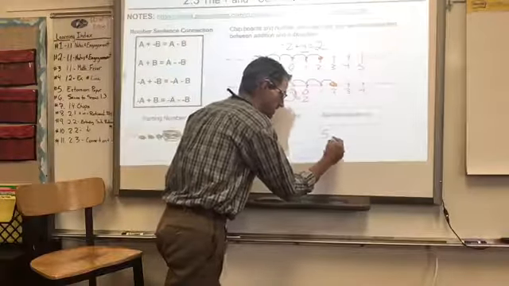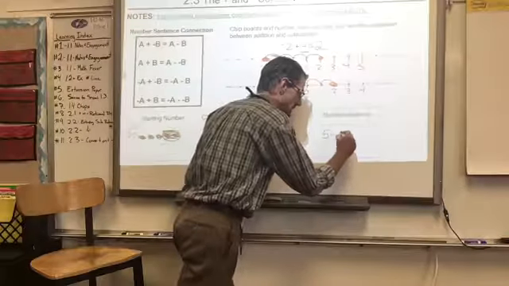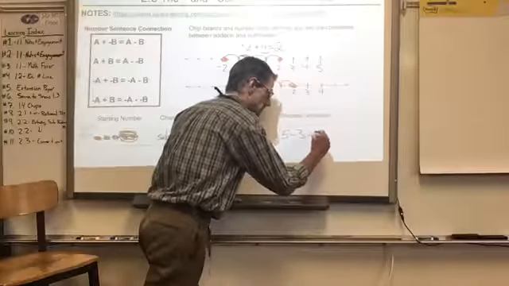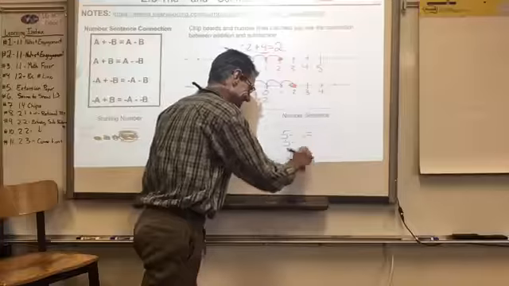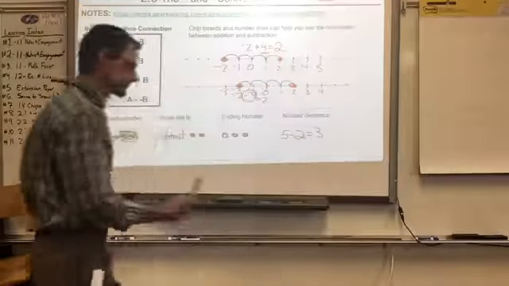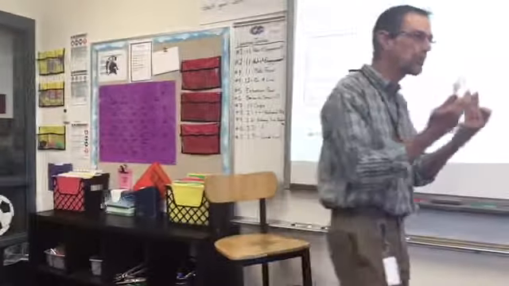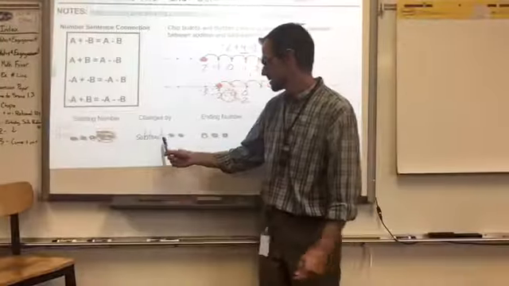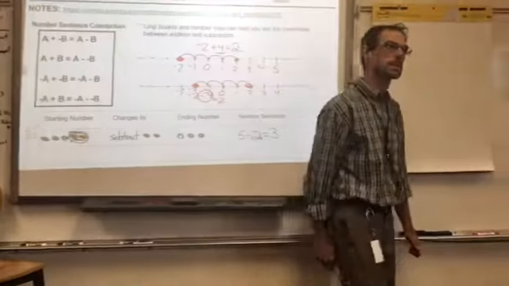So then I can write my number sentence, which is 5 minus 2 equals 3. Okay. Your job, go ahead and write the addition number sentence that is equivalent to this subtraction number sentence.